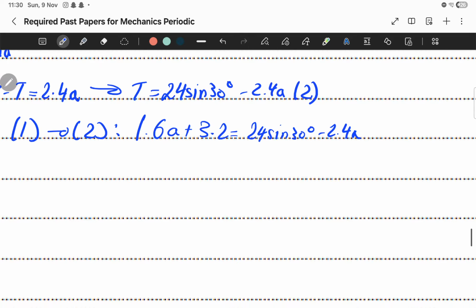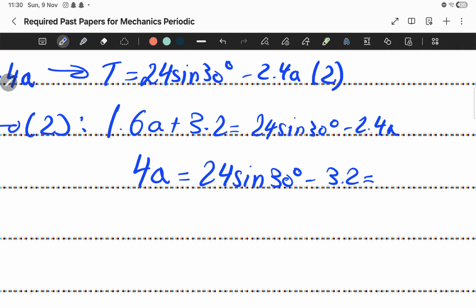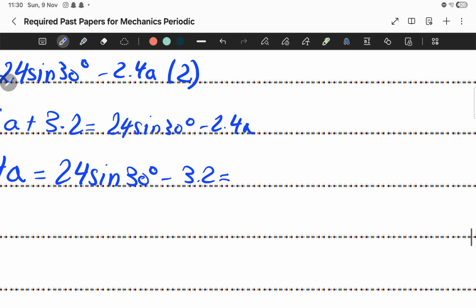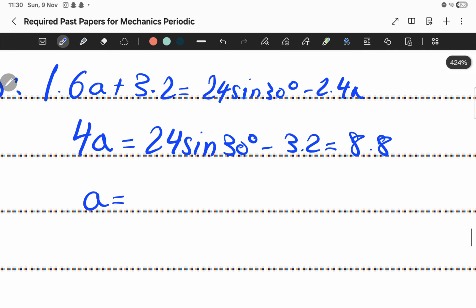So 4A is equal to 24 sine 30 minus 3.2, and 24 sine 30 is 12. 12 minus 3.2 is 8.8. A is equal to 8.8 over 4, which is 2.2 meters per second squared. So this is my acceleration.